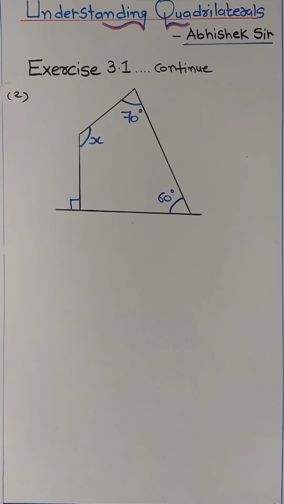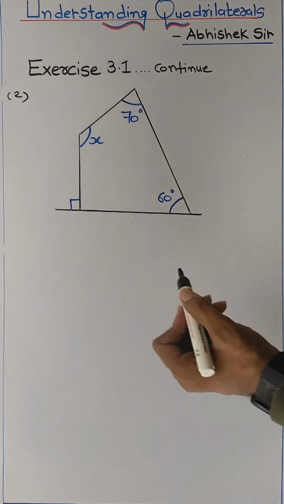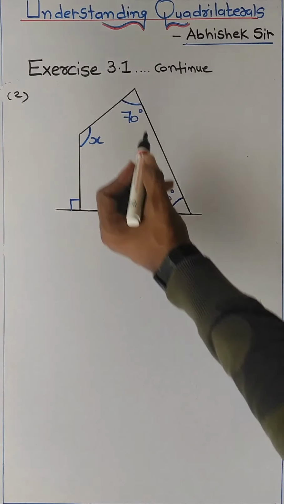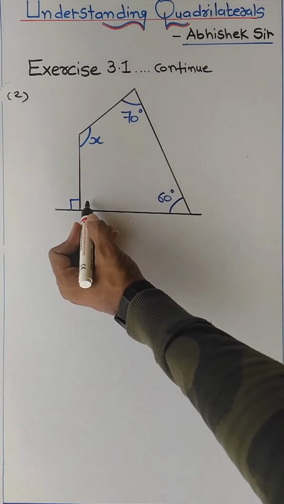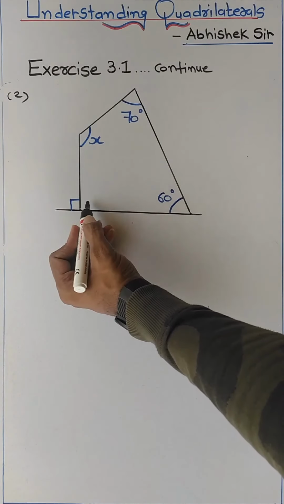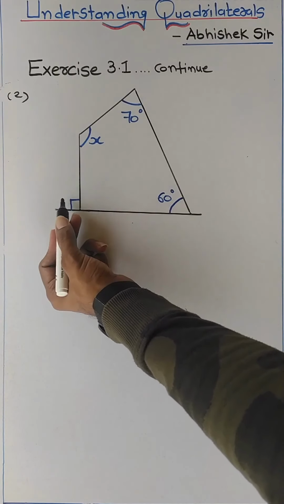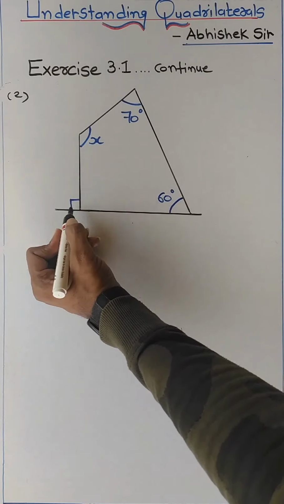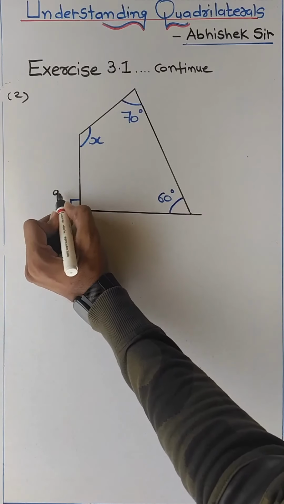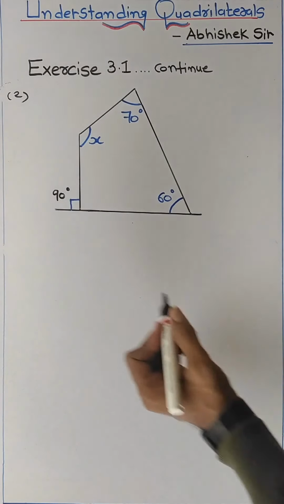Now figure 2 is also a quadrilateral in which 60, 70 and x are given. This one, even if it is not given, there is a very special hint given on the other side. You see, this symbol is denoting that this angle is 90 degree, right?